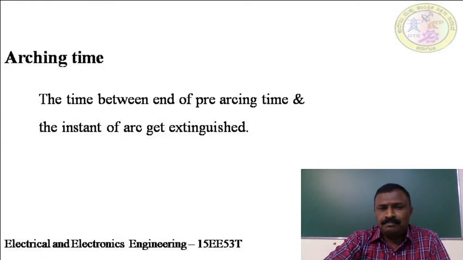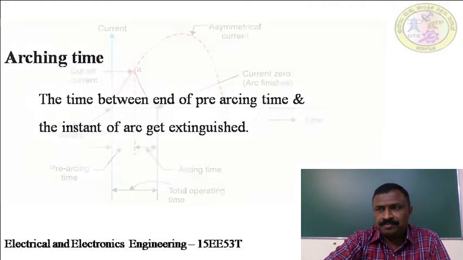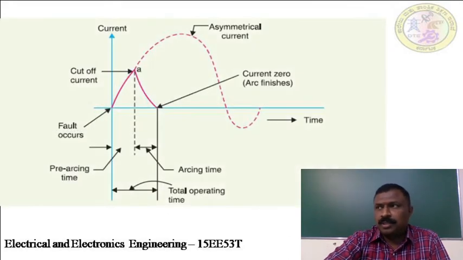Arcing time is the time between the end of pre-arcing time and the instant at which the arc gets extinguished. This is the typical waveform for the prospective current. This is the prospective current, this is the first loop of the fault current, and this is the commencement of fault and where the cutoff occurs.